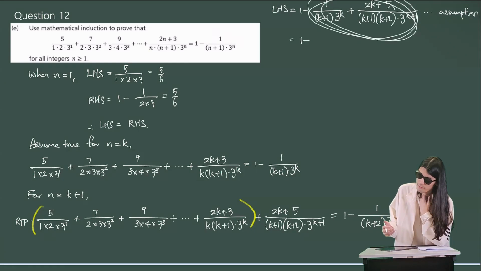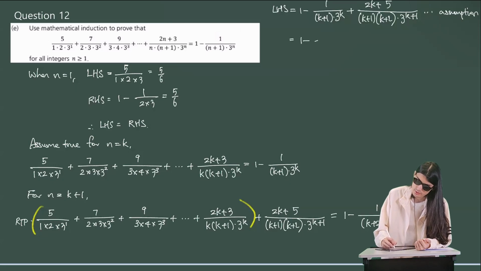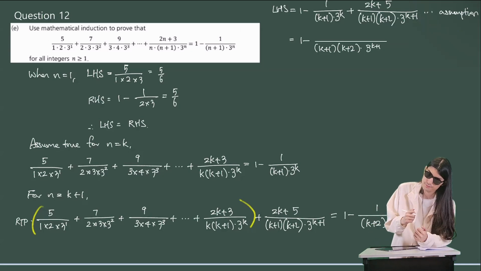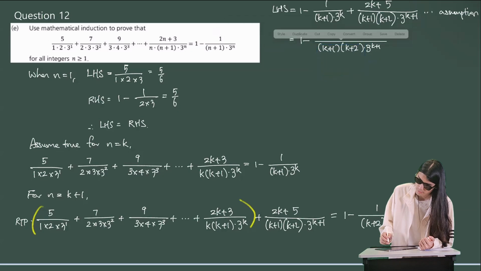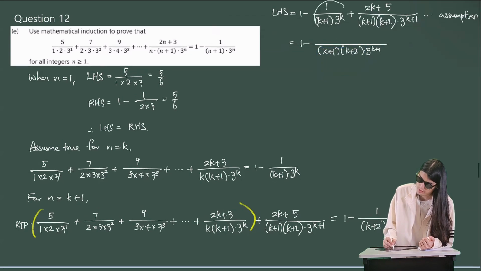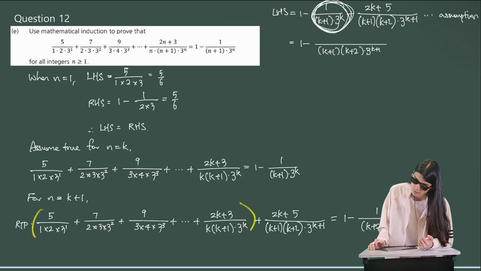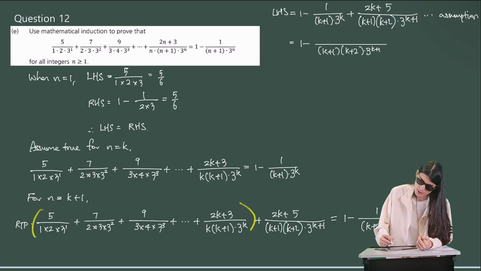We can find that the lowest common denominator of those two fractions is k plus 1, k plus 2, 3 to the power of k plus 1, and we can put them together in a single fraction. But in order for us to do that, the term of this would need to be multiplied by k plus 2 and the 3.